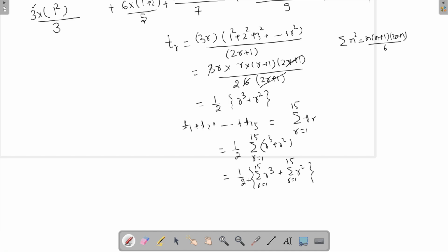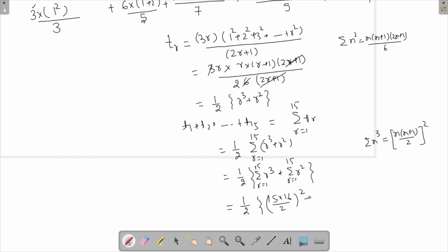Now I'll have to make use of the formula again. Sigma n cube is n into n plus 1 by 2 whole squared. Here in place of n, I have 15, so this will be 15 into 16 by 2 whole squared.